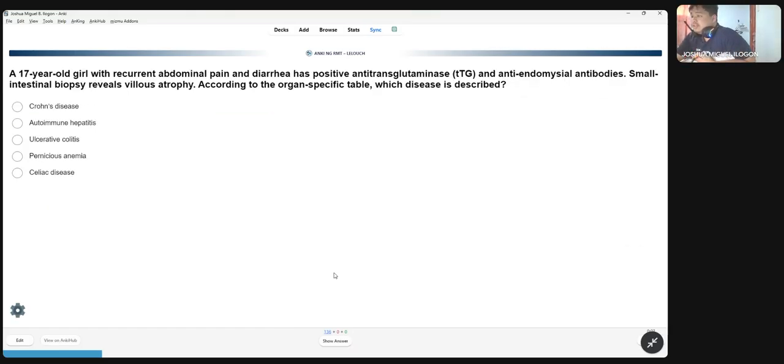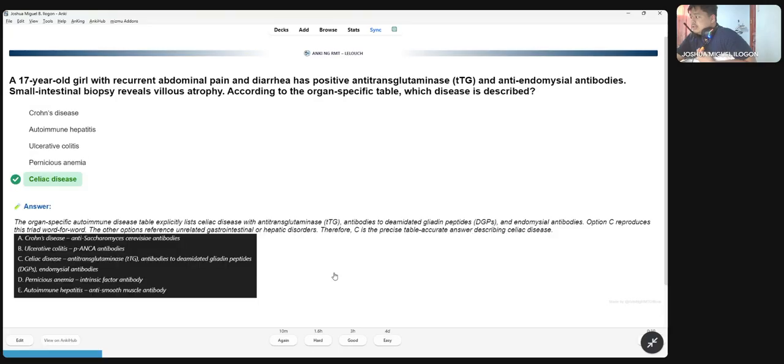Positive anti-transglutaminase and anti-endomysial antibodies. Oh. Is this celiac disease? Yeah. Crohn's disease, anti-Saccharomyces cerevisiae. Alright, so your Crohn's disease is... Here they are.